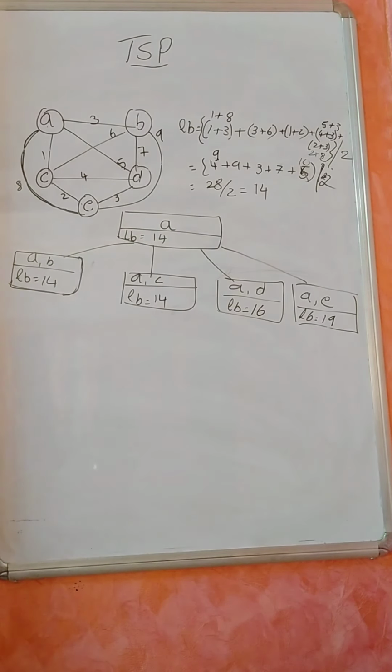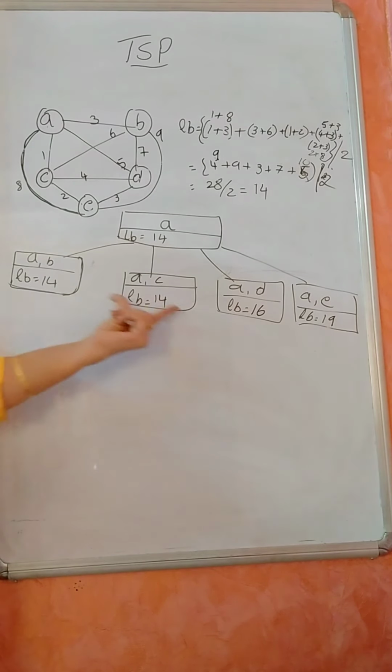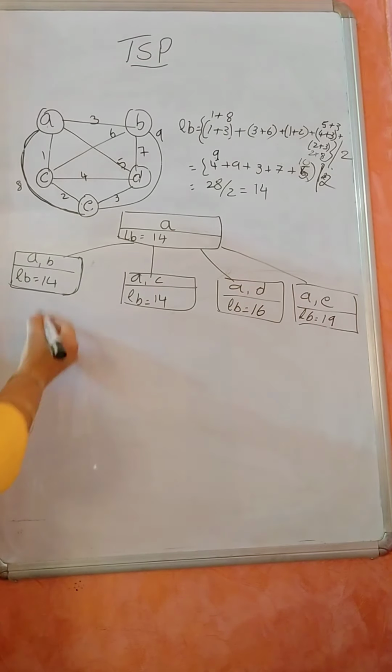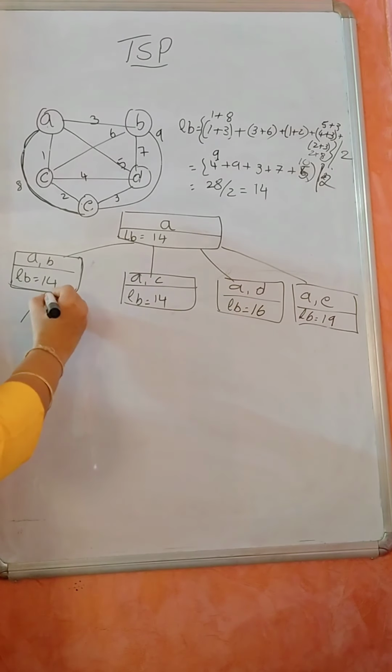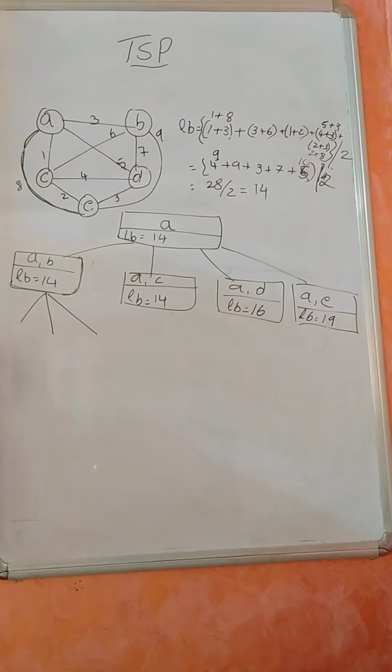Now we have to check, among all of these branches, which is the branch leading me to the least cost. So 14 is there. You can expand both of them, or any one branch also you can expand. So assume that I will expand both of them. Now what are the options you are having? A to B already we have traveled.